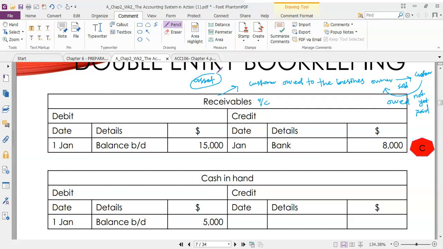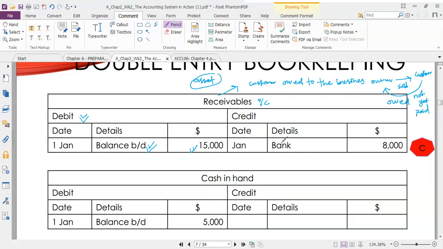So that's why for the receivable account, the balance brought down means the amount that we bring from the previous year or previous accounting period, so we must put 15,000 on the debit side. Class, do you clear or not on receivables account?